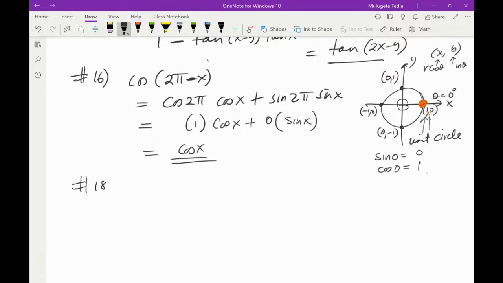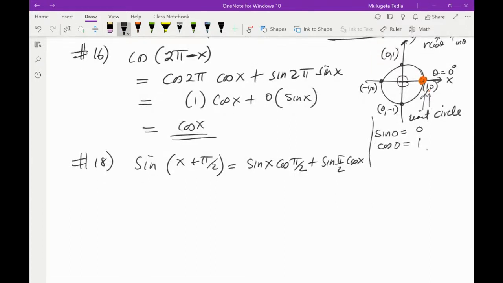Number 18, quickly, we can expand sine of x plus pi by 2. We know the expansion is sine of the first angle, cos of the second, plus sine of the second, cos of the first. That's what I like. I don't want to switch the functions, I switch the angles.